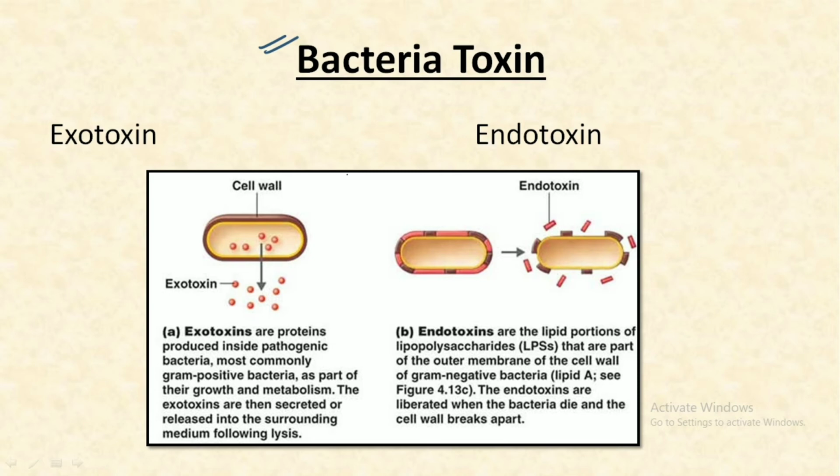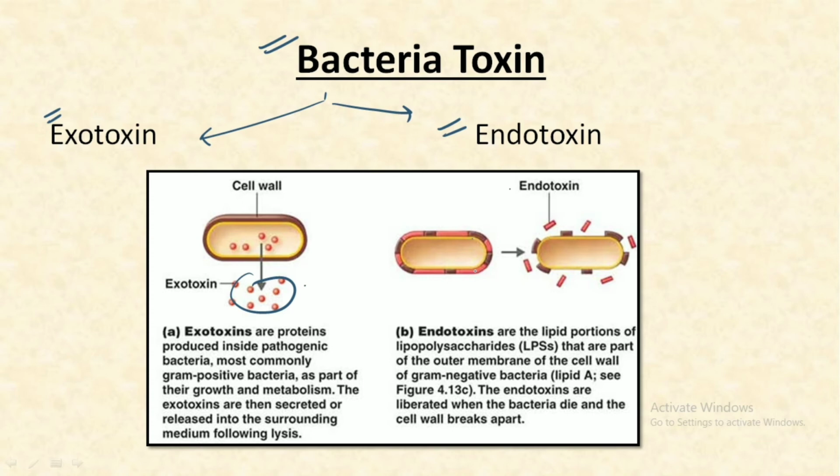So talking about bacterial toxin, we have two main types of bacterial toxin. The first one is the exotoxin and the second one is the endotoxin. Exotoxin, as the word suggests, means those toxins that are released by the bacteria into the environment, and endotoxins are the ones that are not released by the bacteria but remain stuck to its outer wall.